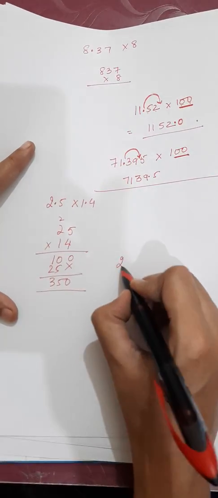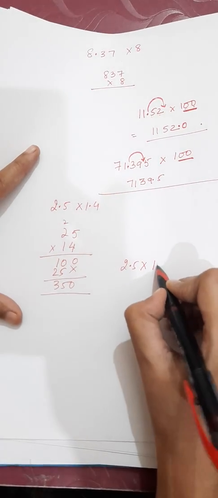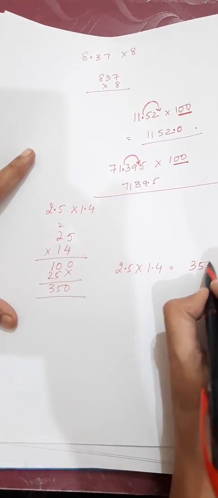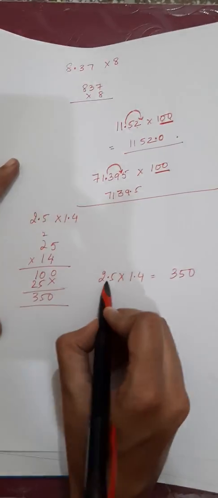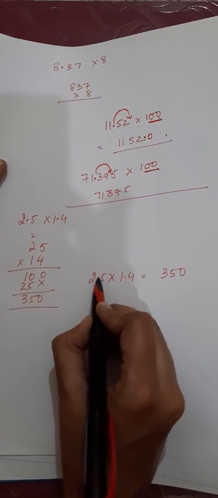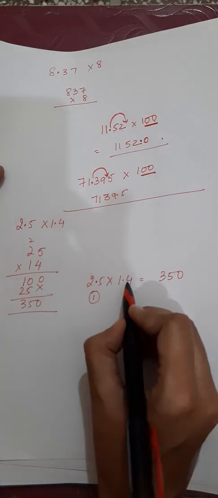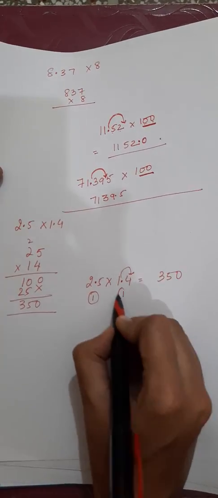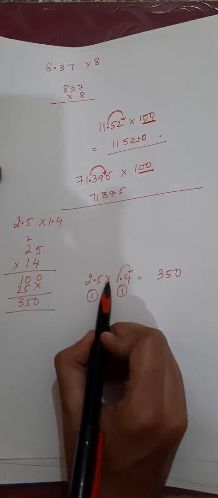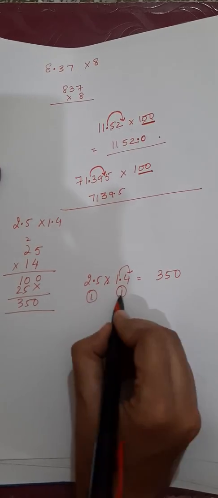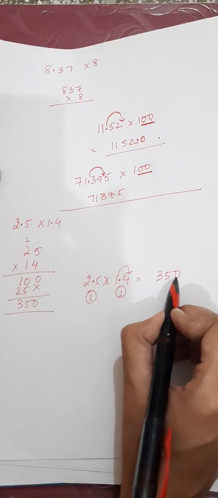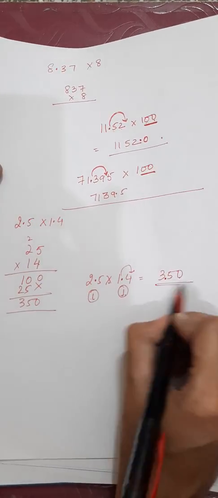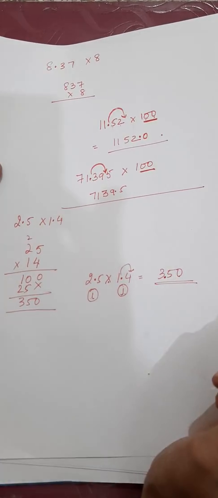This means when I multiply 2.5 and 1.4, I will get 350 without the decimal. Now I have to place the decimal. Here 2.5 has 1 digit after the decimal, and here also 1 digit after the decimal. When the multiply sign is there, you are going to add these two. What is 1 plus 1? 2. So from the back side 1, 2 and then you are going to place the decimal here. This is the position of the decimal.